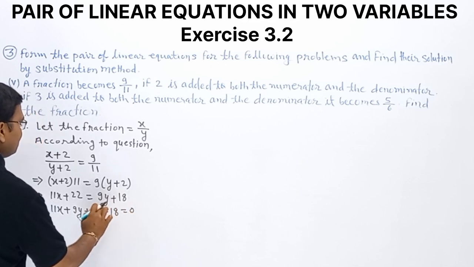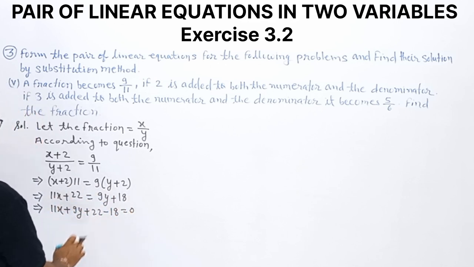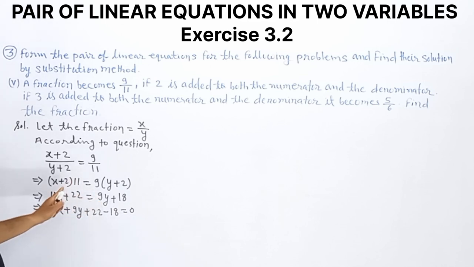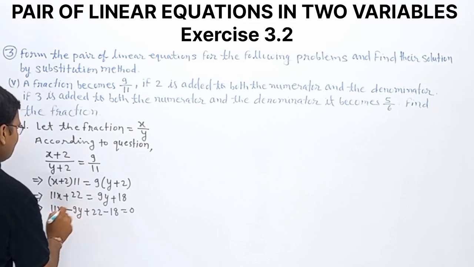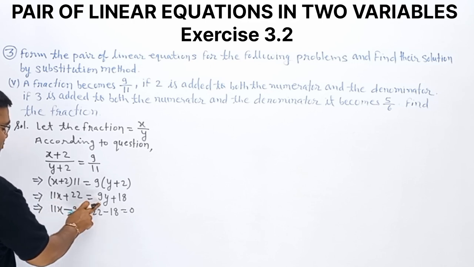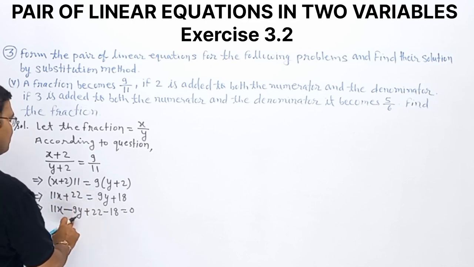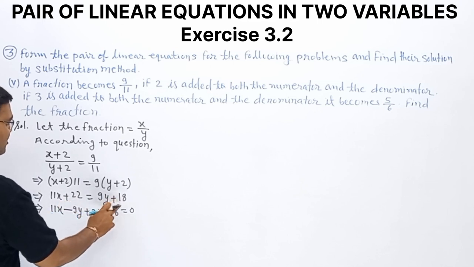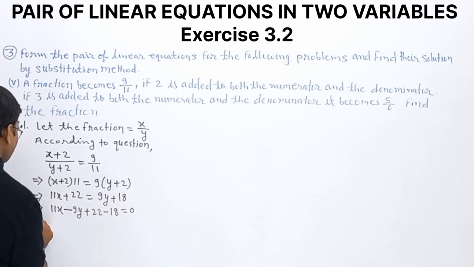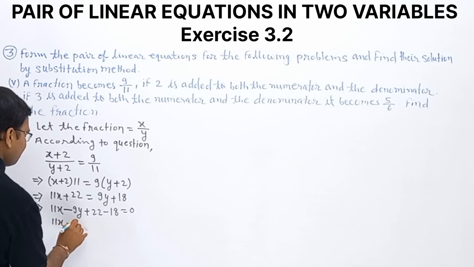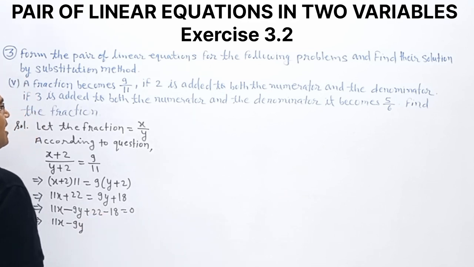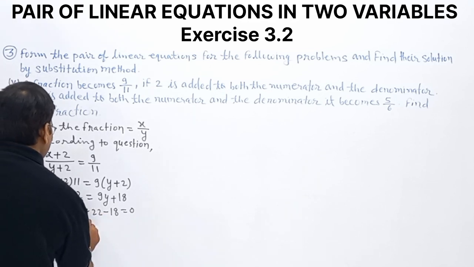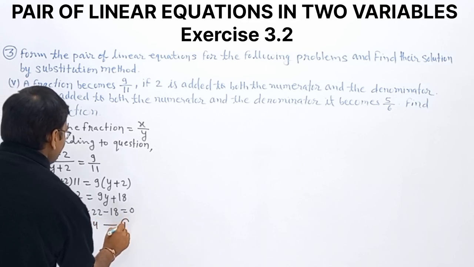We are transposing both from right to left, so their signs change to minus. 11x minus 9y, and 22 minus 18, what is remaining? Plus 4. So this will be equation number 1.